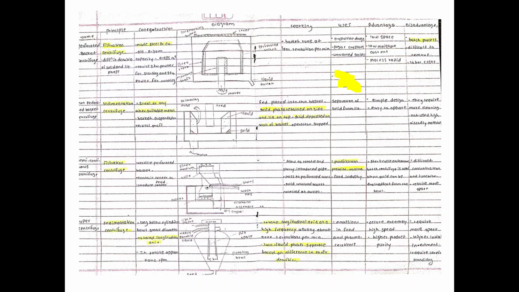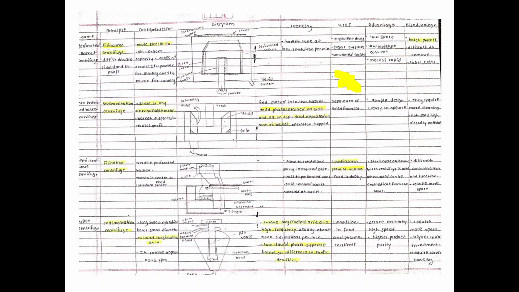It is a filtration centrifuge, and the separation is through the perforated wall based on the difference in density of the solid and liquid phases. Construction: the basket is made of steel, with a diameter of 0.90 meter and a capacity of 0.085 cubic meters.